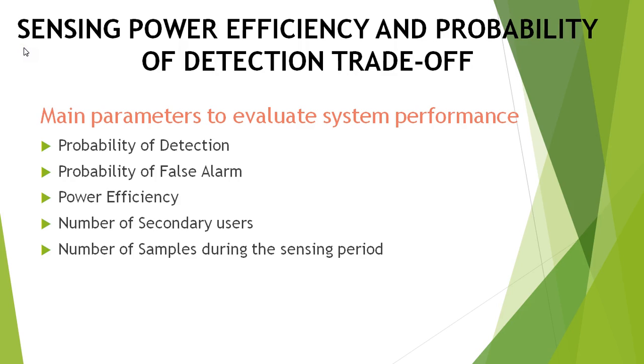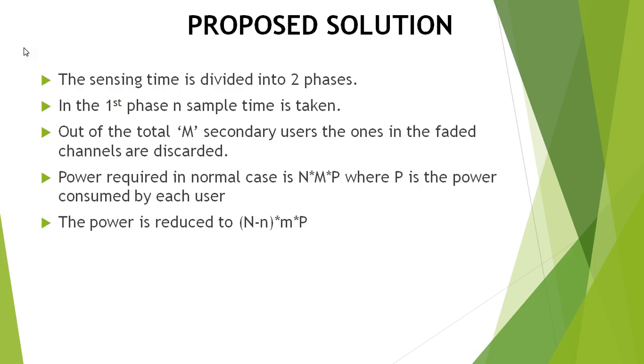Sensing power efficiency and probability of detection trade-off. The main parameters that are used to evaluate the system performance are probability of detection, probability of false alarm, power efficiency, number of secondary users, and number of samples during the sensing period. In the proposed solution, the sensing time has been divided into two parts.